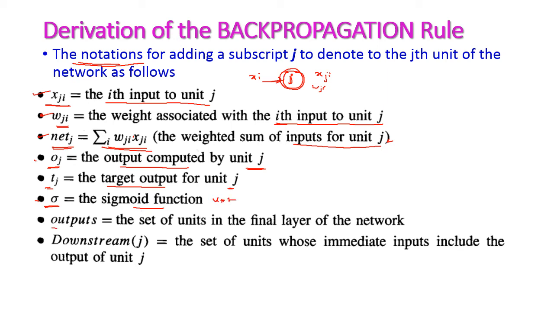And outputs is the set of units in the final layer of the network. The final layer is obviously the output layer, so the number of outputs is equal to the number of nodes in the output layer. And the next one is downstream of j, the set of units whose immediate input includes the output of unit j.